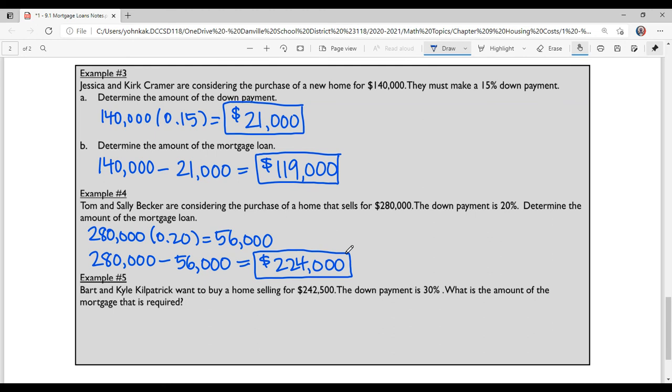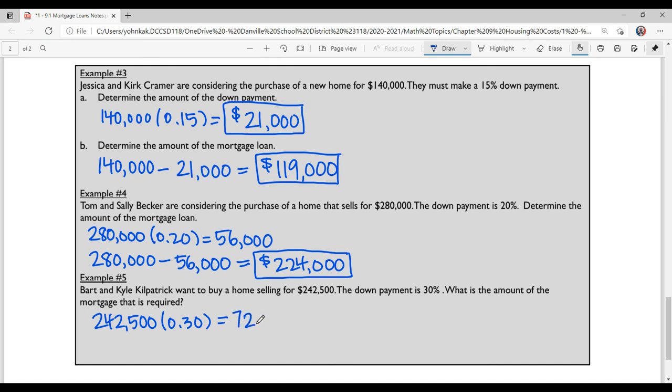Okay, number 5, Bart and Kyle Kilpatrick want to buy a home selling for $242,500. The down payment is 30%. What is the amount of the mortgage that is required? Well, first find the down payment by taking the selling price, $242,500, and multiplying it by the down payment percentage, which is 30%.